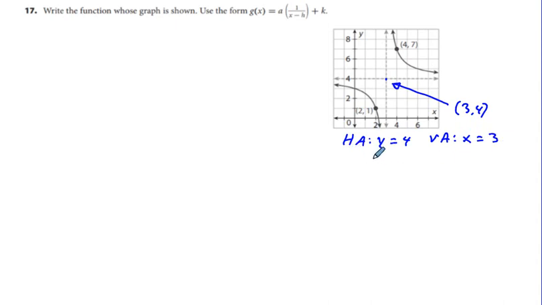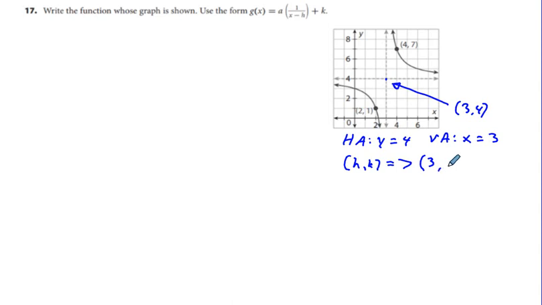So that means in the world of h comma k, x being 3 means that h is equal to 3. It's really the value.